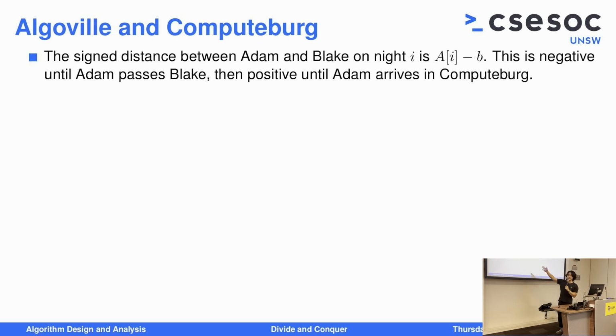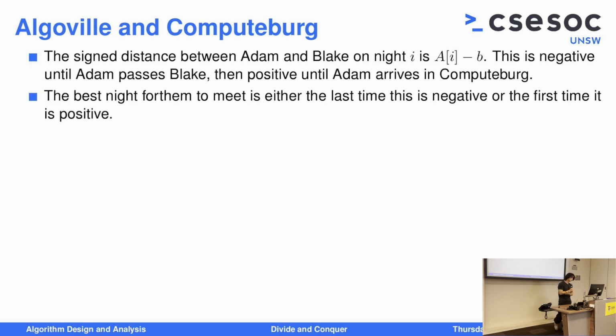Essentially, once it occurs, it's always true. So basically, as soon as he passes, it's always true. And this is because each motel is further along than the last one. So the best night for them to meet is either the last time this is negative or the first time this is positive. Do we agree with that?